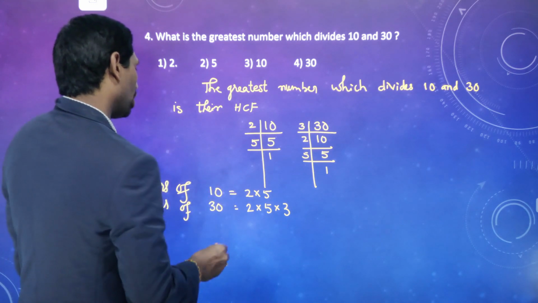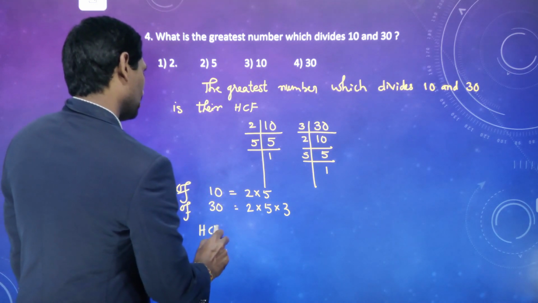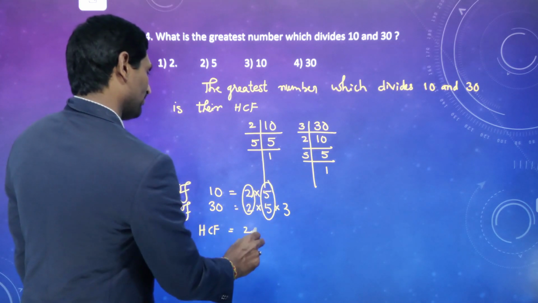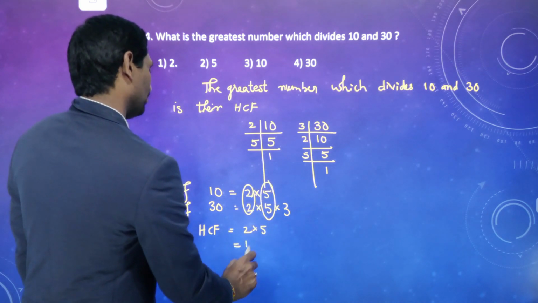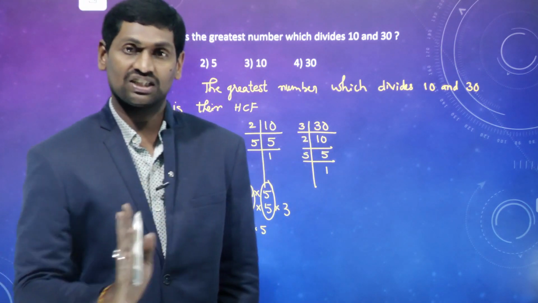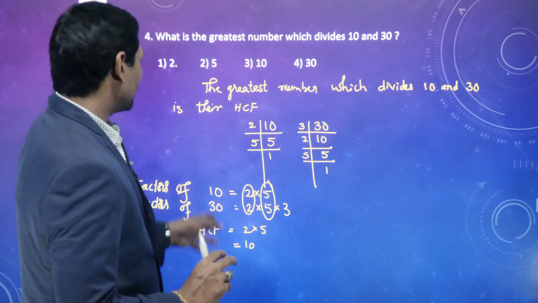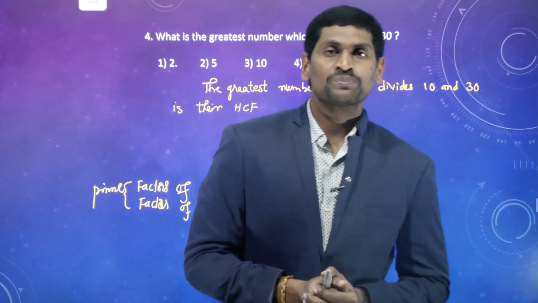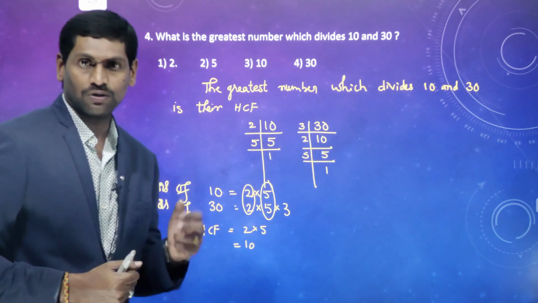Now identify the common terms. The common terms are 2 and 5. So 2 into 5, which is nothing but 10. So 10 is the greatest number which divides 10 and 30. Okay? So it is simply their HCF. Clear, children? So let us move on to the next problem.